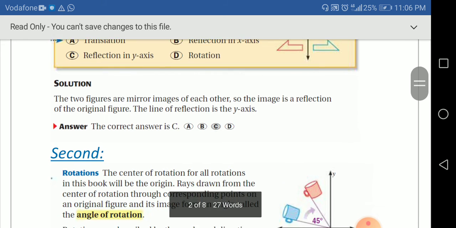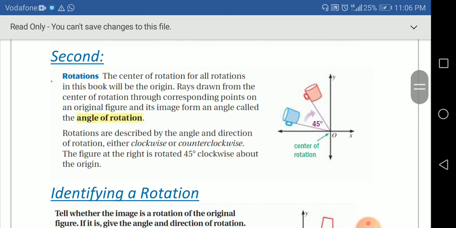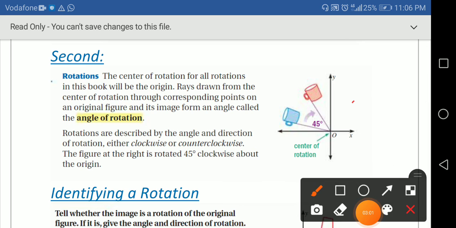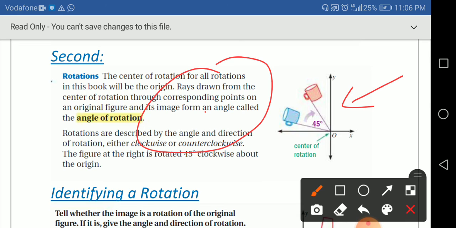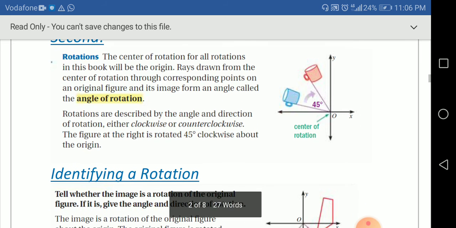Okay, let's have this one. This one is the rotation. You know that rotation is described by the angle and direction of rotation. So I may have clockwise, which means to move according to the hands of the clock, or we can move counterclockwise, the opposite direction.